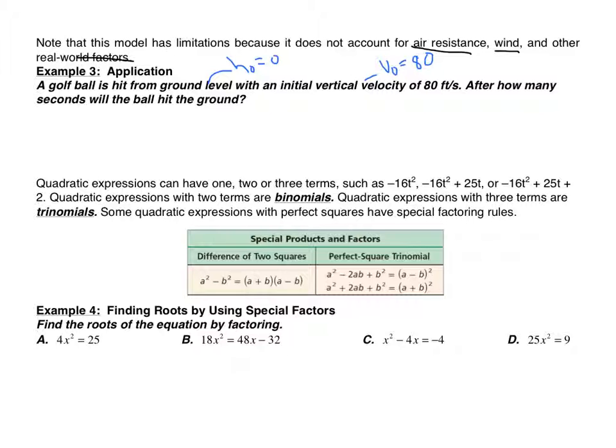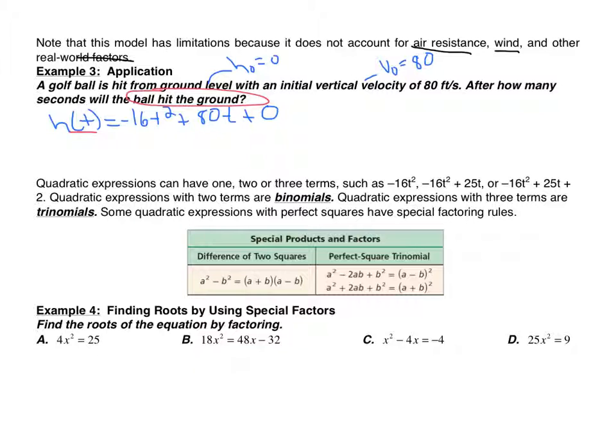So we have h of t, the height with respect to t, is -16 t squared, because it's in feet, plus v naught, which is 80, times t, plus h naught, which was 0, because we're hitting it from the ground. And the question says, when will the ball hit the ground?